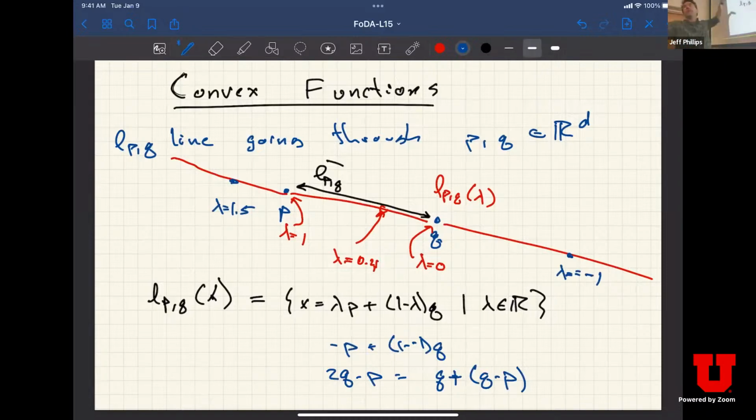So this is a definition of a line. This is the same thing as a linear combination of the points P and Q.